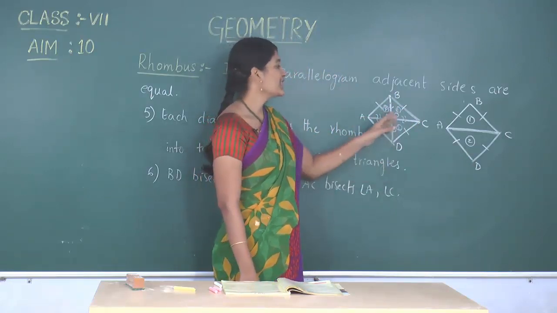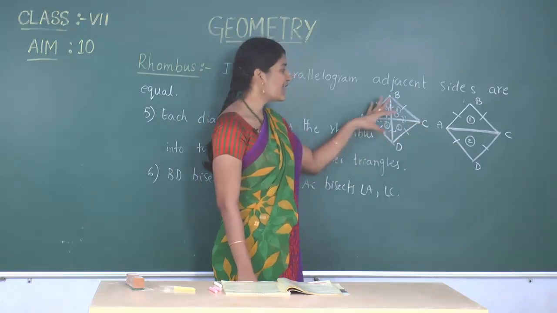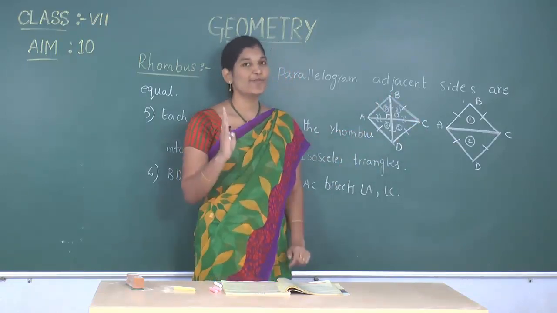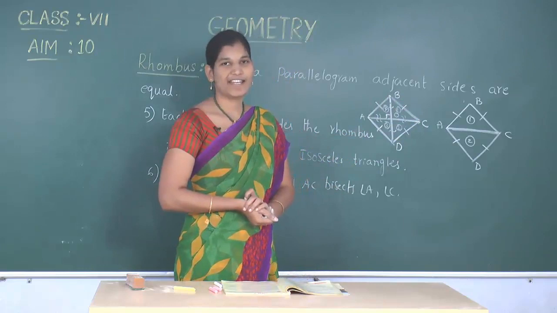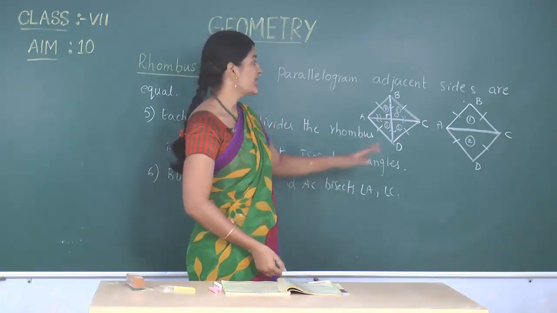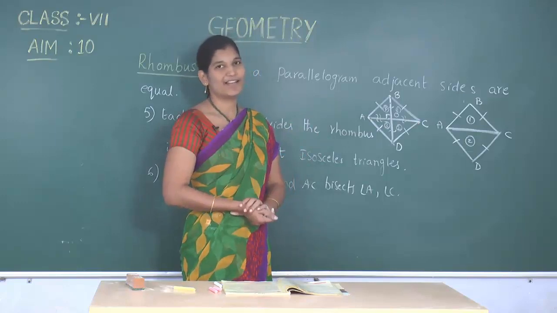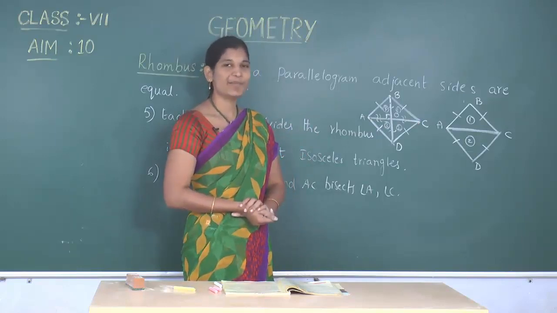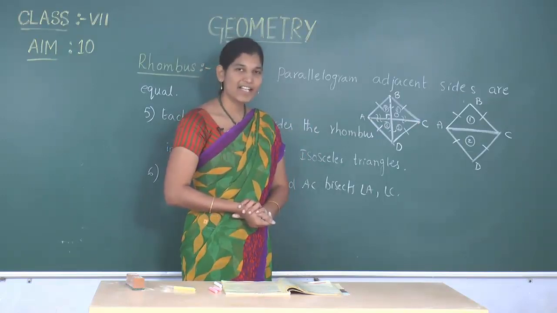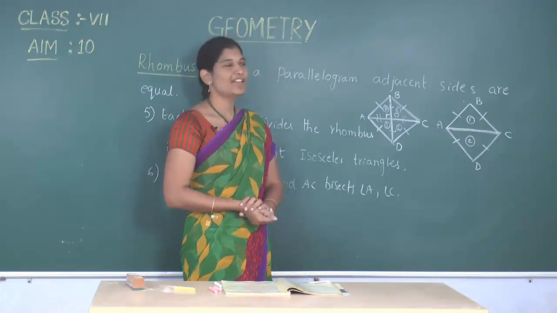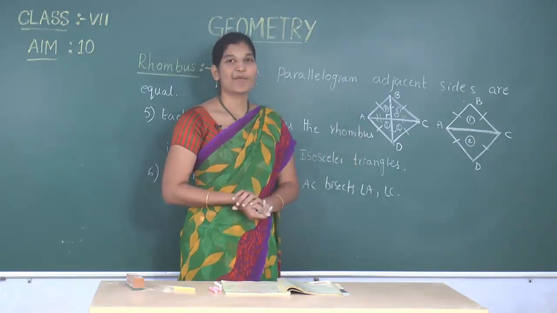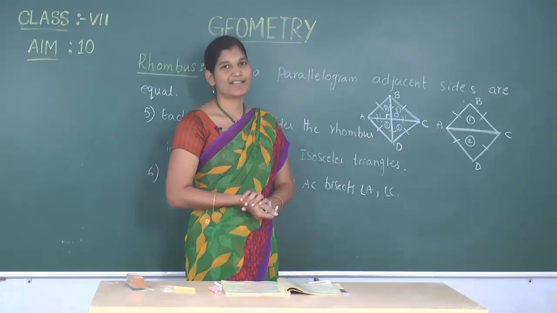And here both the diagonals divide the rhombus into four congruent triangles. And next, in this rhombus diagonals are not equal, but they bisect each other perpendicularly. So in this way we can say the properties of rhombus.